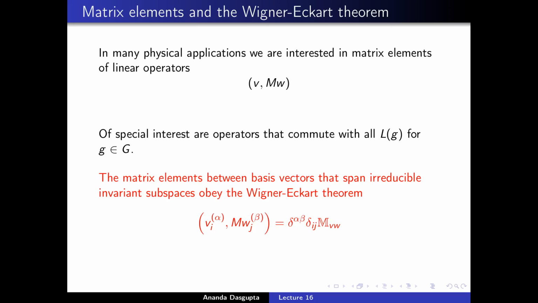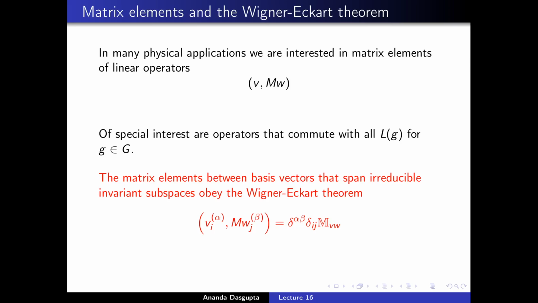When you calculate this, the result is that this matrix element vanishes if alpha is not equal to beta. So if V alpha i and W beta j are basis vectors for inequivalent irreducible representations, then the matrix element vanishes. Even if alpha is equal to beta, that is, we are talking about the same representation, it does not have to be the same invariant subspace.